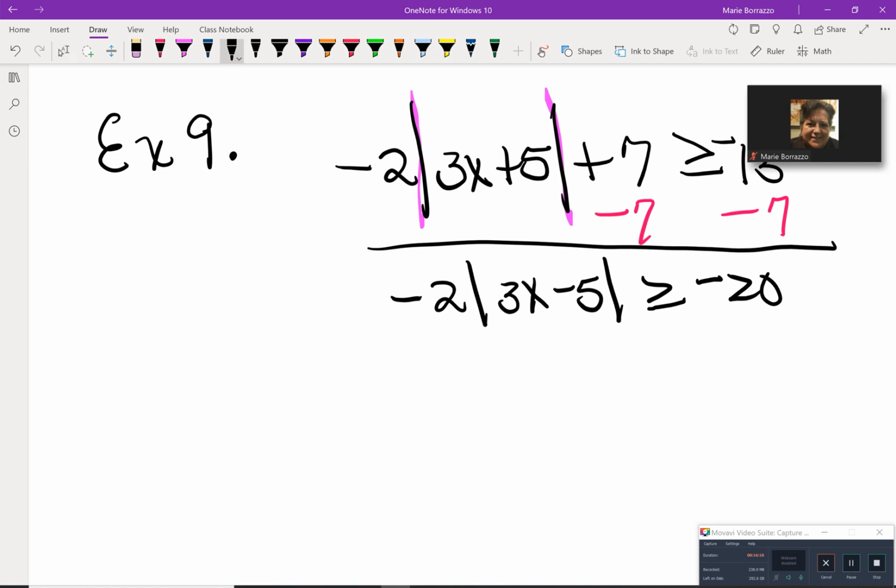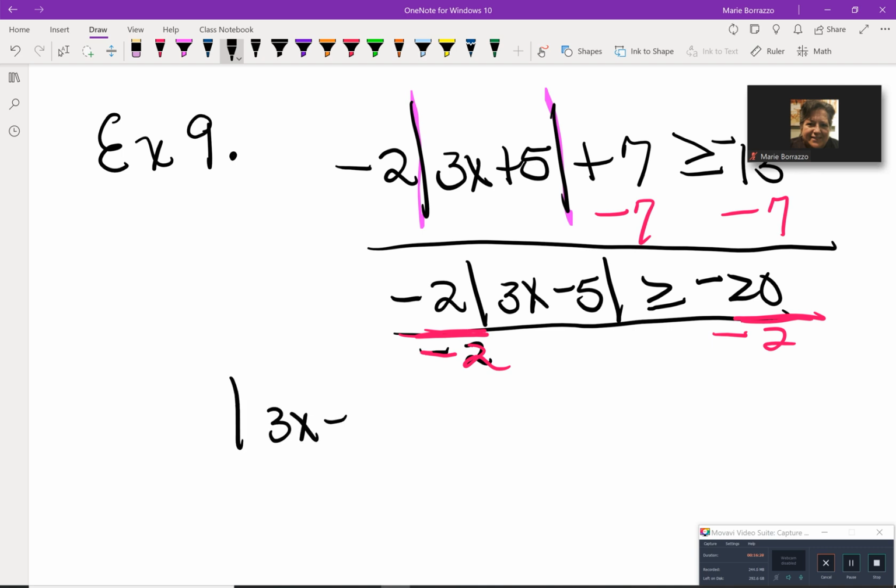Next step is we're going to divide on both sides by -2, on this side and this side. So this is division on both sides. We're now left with absolute value of 3x plus 5 is less than or equal to 10.